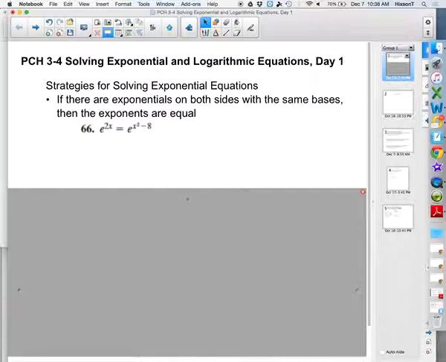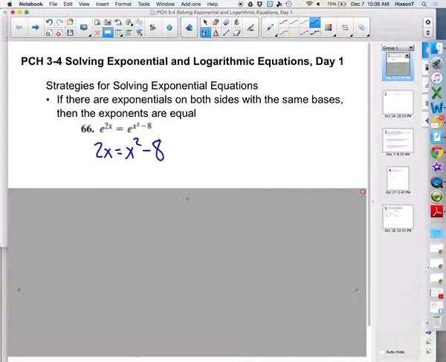The only way you're going to raise e to two different powers and get the same value is if those powers are equal. So at this point, what do we know? Very good. 2x equals x squared minus 8.